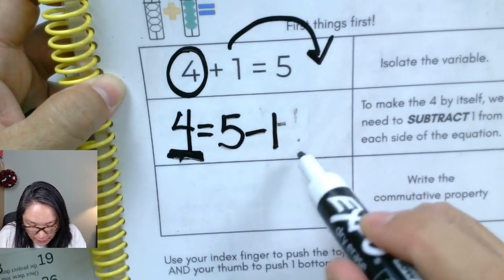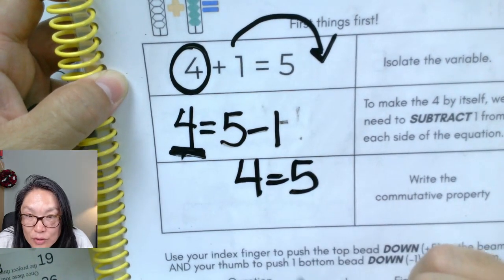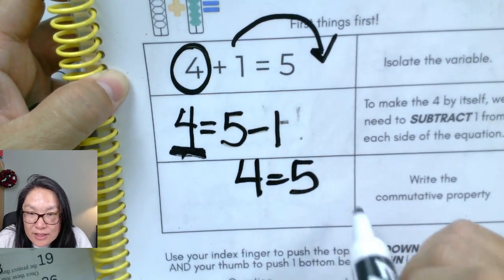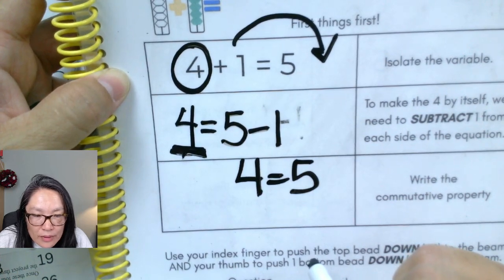So that's why if we do 4 is equal to 5, this is too much. If this is too much, how do we balance this equation? Copper, how do we balance this equation? You let me know.